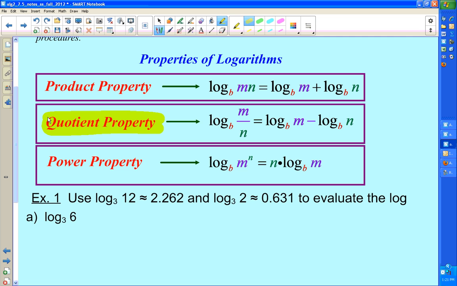Okay? It does not say log divided by log. That's what I want to stress here. This is the log of a quotient, as opposed to a log divided by a log. That's something totally different. The log of a quotient becomes the log of the top minus the log of the bottom.